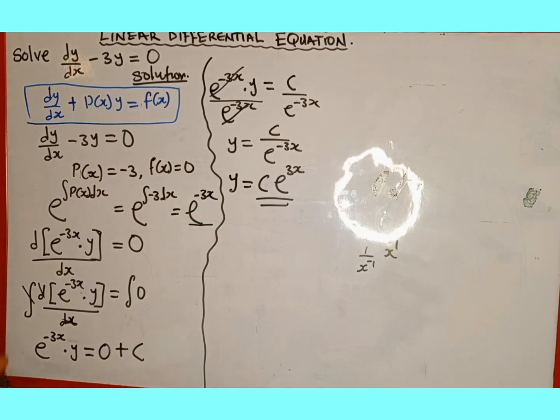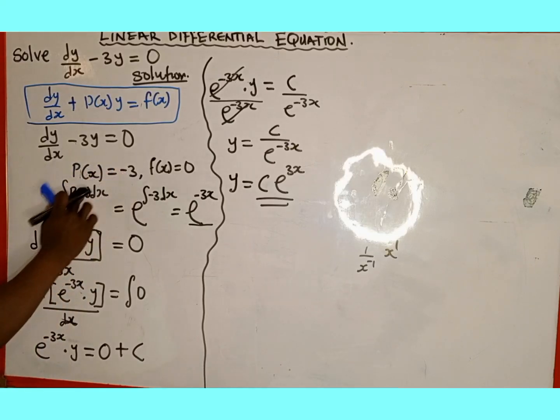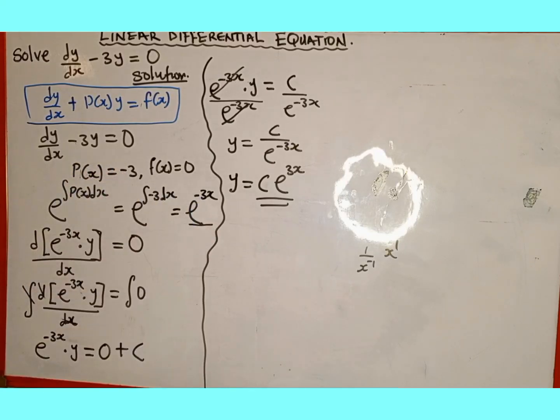So the next thing is to use an integrating factor, e to the power of the integral of p of x dx. So we have gotten p of x already, then you substitute here and you integrate. Now the fourth thing to do is to multiply both sides of the equation by what? The integrating factor. So we multiply the first one, dy over dx, and this is equal to this place.